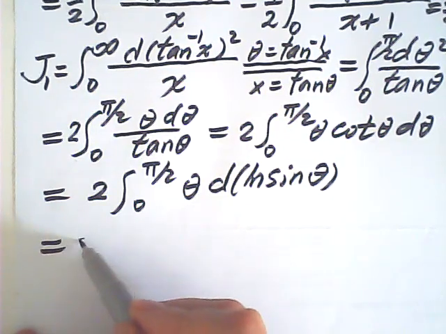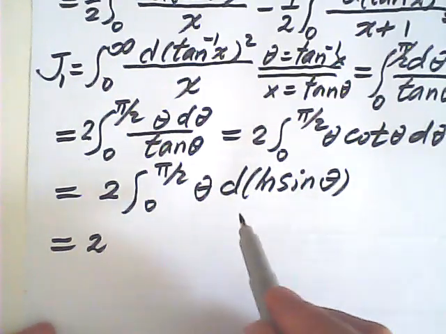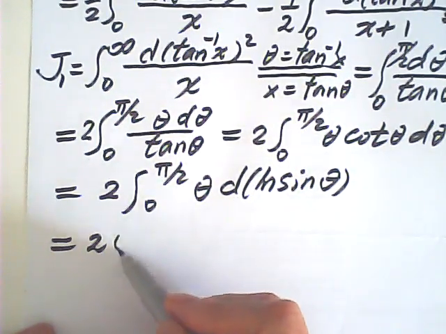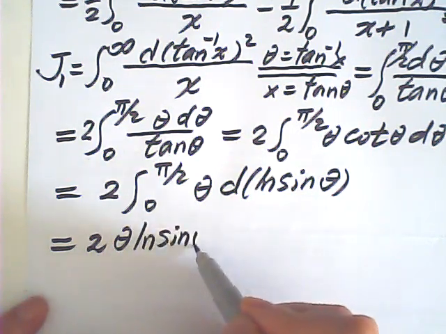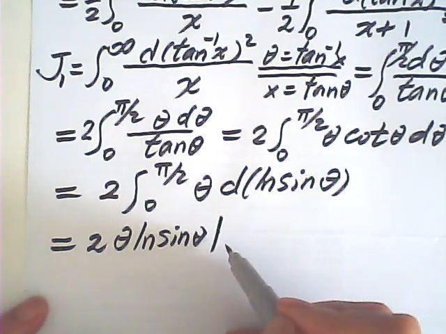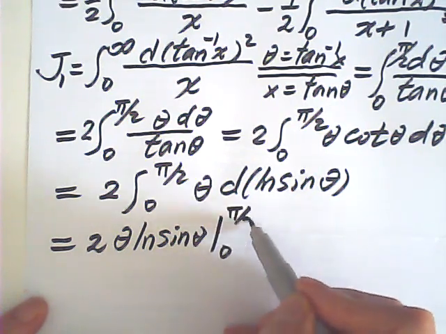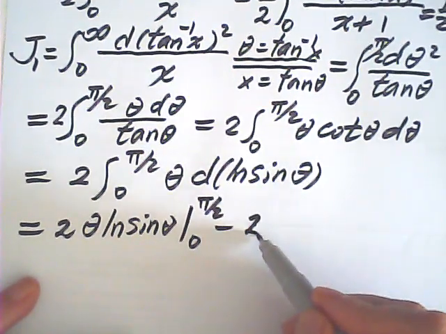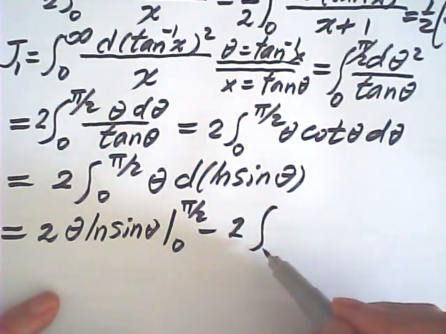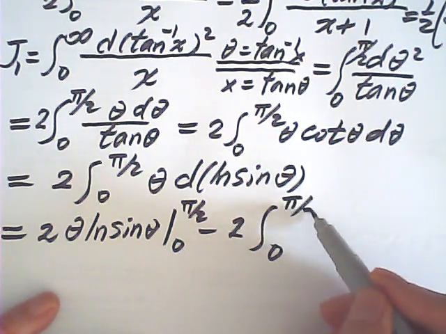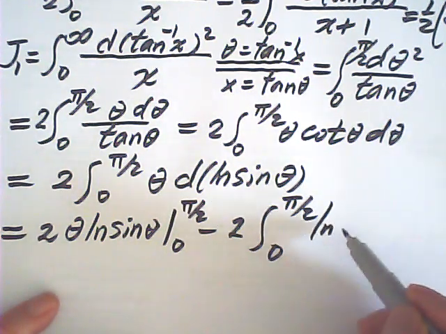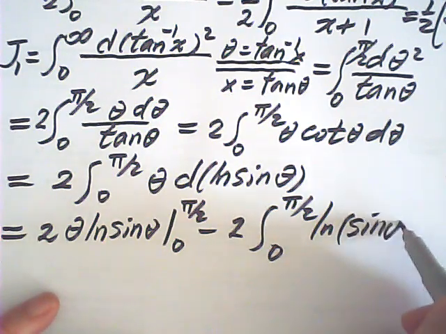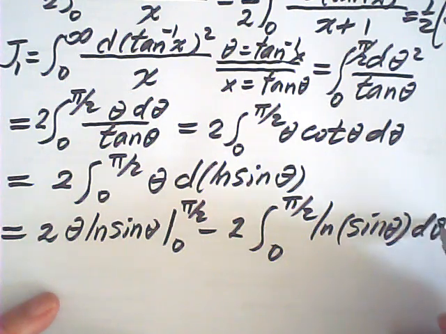This is equal to 2, with u dv becoming u times v from 0 to half pi, minus v du. v is this, du is d theta. So it's the integral of log sine theta d theta.